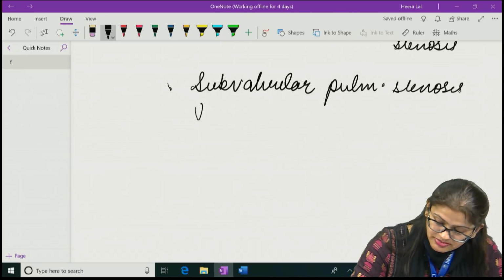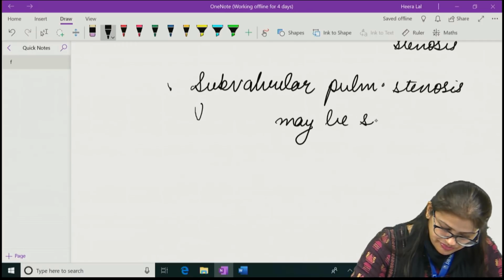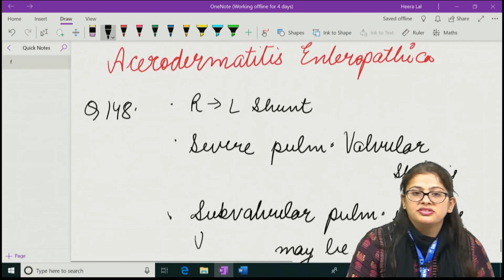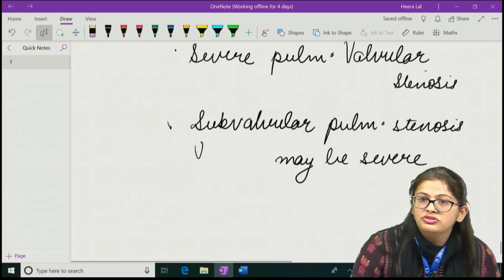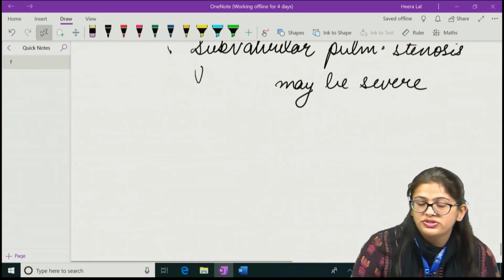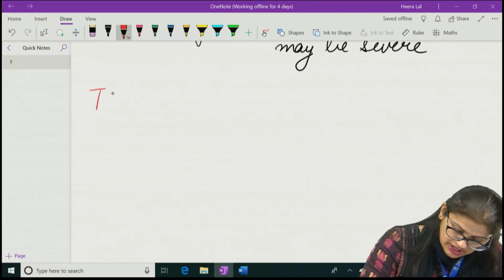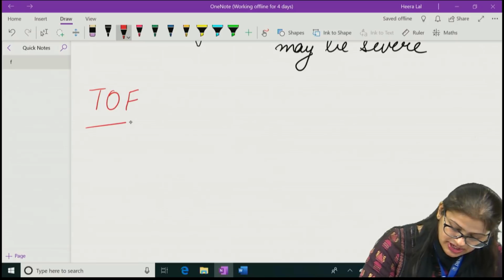Subvalvular pulmonary stenosis may be severe. So these are the correct options: right to left shunt, severe pulmonary valvular stenosis, and subvalvular pulmonary stenosis may be severe. So though we have already discussed TOF, I will just briefly describe it again.